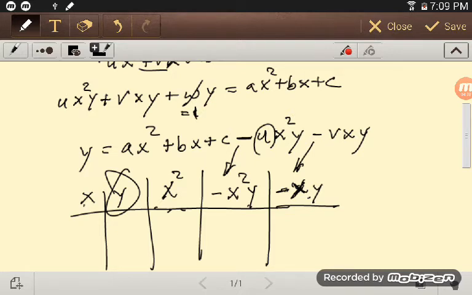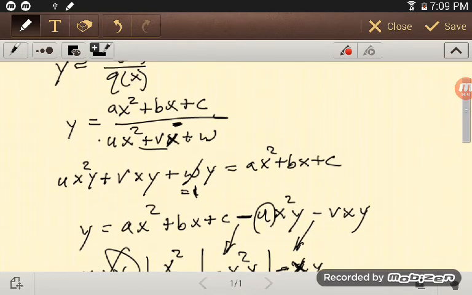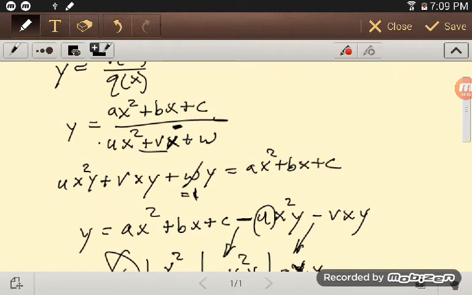But so you see, I could do this with any size rational function that I want. I could go to cubes or fourths or fifths or whatever, both top and bottom.